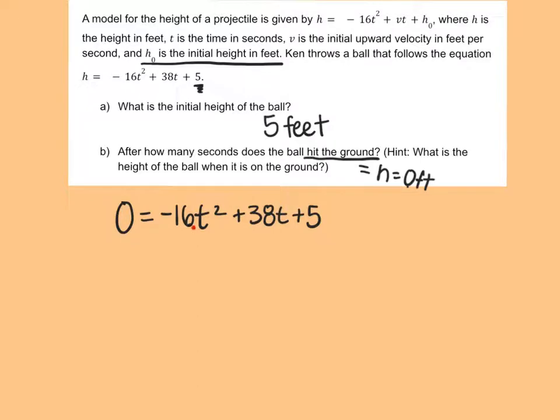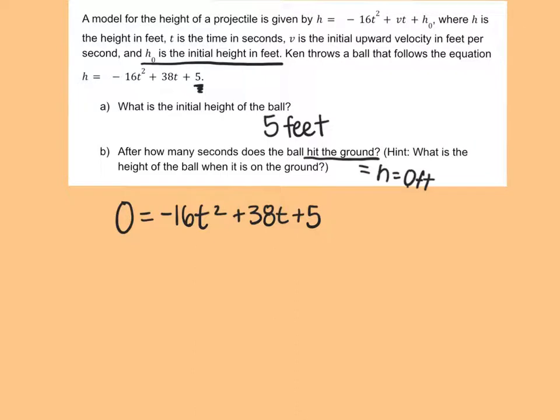First step, do we have a common factor? We can divide 5 by 5, but we can't divide 38 by 5 or 16, so nope, there's nothing in common, meaning we're going to have to factor this, and specifically we're going to have to use the AC method this time to factor because we have a number here, a coefficient next to the t squared.